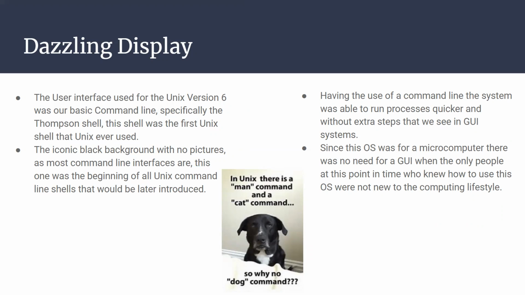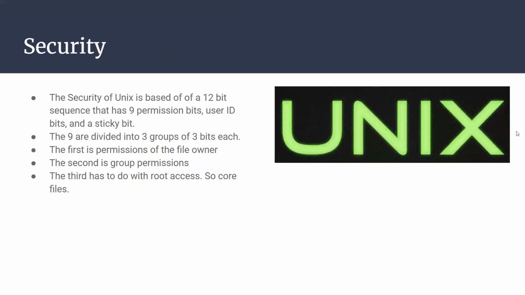Because no one's going to be touching it like your common user, let's say me. I would not be walking into a computer station in 1975 being like, oh, let me go look up something, because that wasn't a thing. So people who did use it didn't need a GUI. They had what they needed. They knew how the command line worked. And that was their lifestyle.